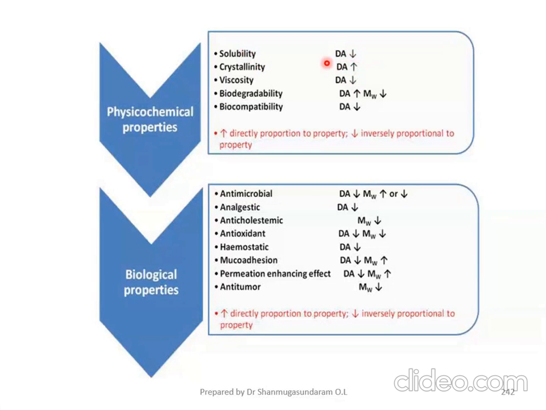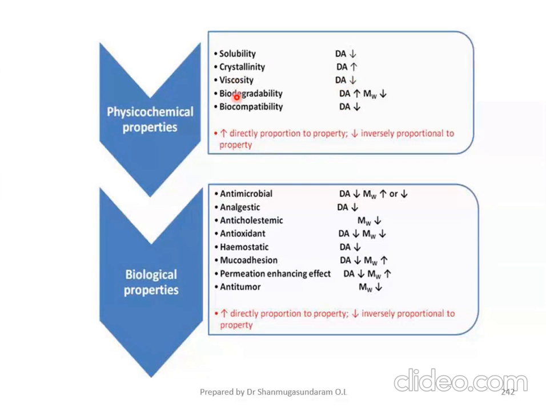So wherever I am mentioning the downward arrow, the property is inversely proportional. See the third one, viscosity. Your degree of deacetylation decreases, your viscosity increases.